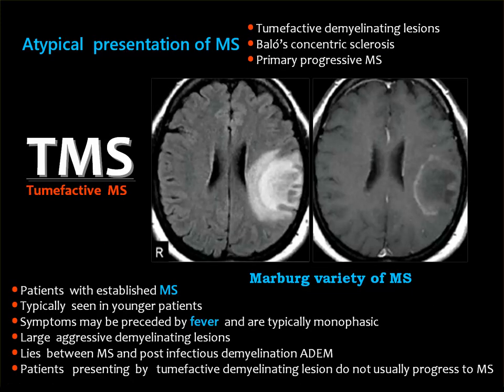Then we have atypical presentations of MS, including the tumefactive demyelinating disease, the Balo's concentric sclerosis, and the primary progressive MS. The tumefactive demyelinating disease is a type of MS where the lesions are big, and these lesions will show marginal enhancement, which is known as characteristically incomplete ring marginal enhancement.